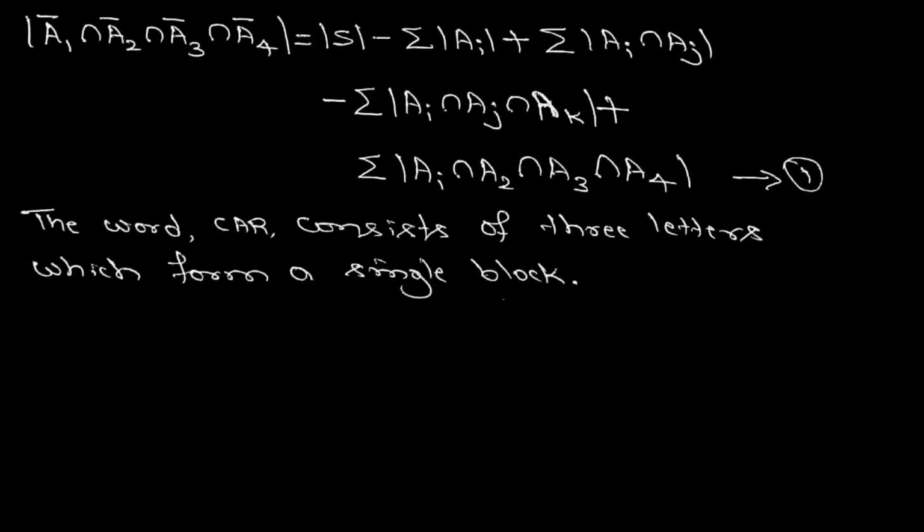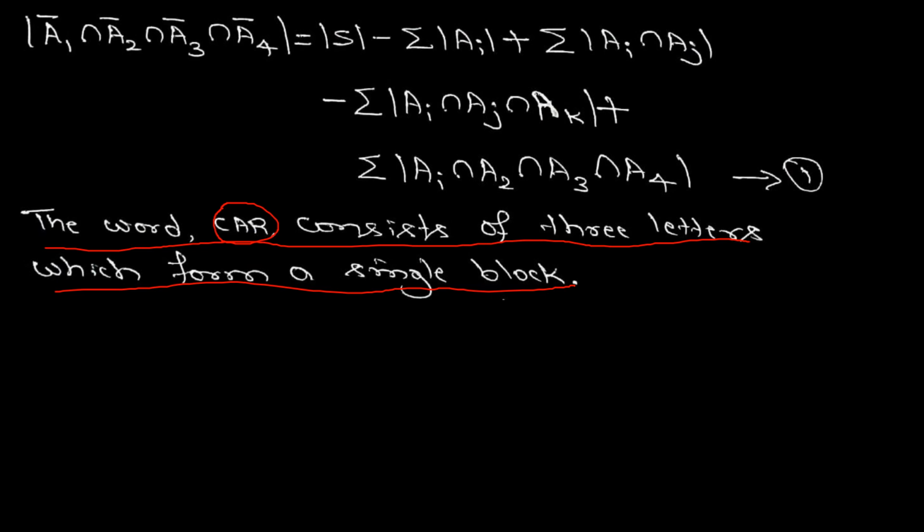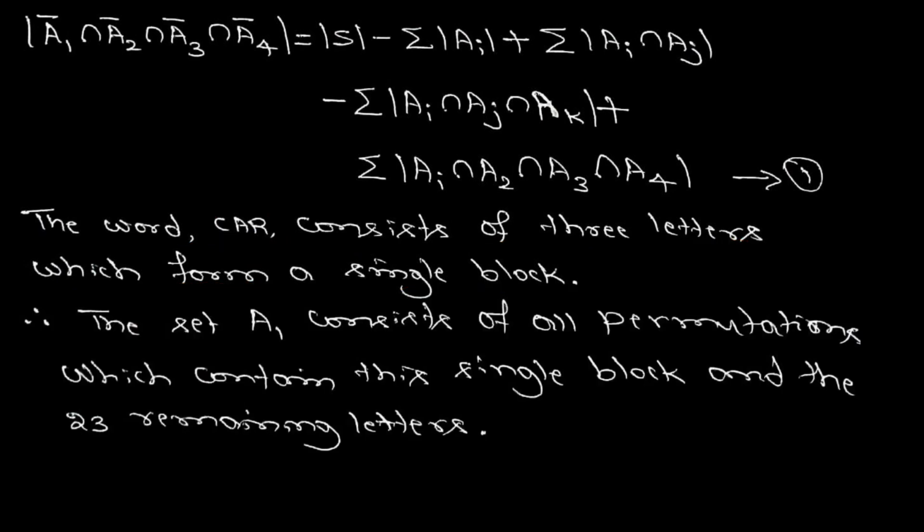The word car consists of three letters which form a single block. CAR we combine together and call it a single block or single symbol. Therefore, the set A1 consists of all permutations which contain this single block.